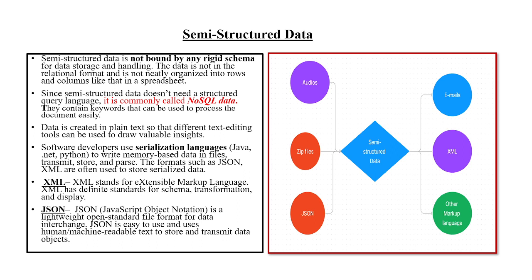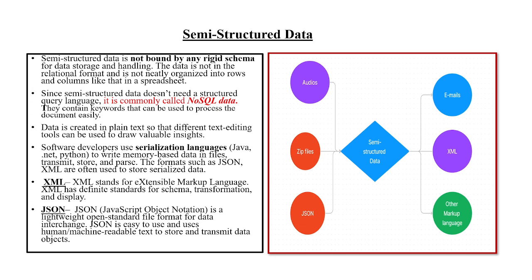The best example is software developers who use serialization languages to write memory-based data in files. What are serialization languages? Languages like Java, C++, .NET, and Python are used to write memory-based data in files.